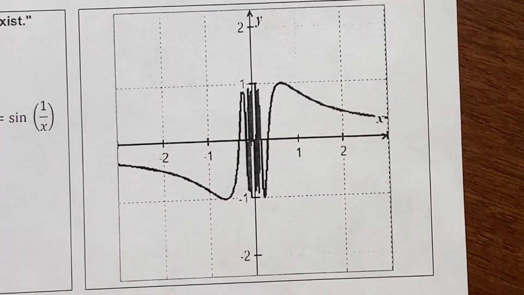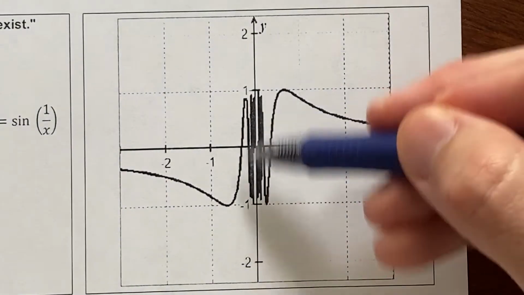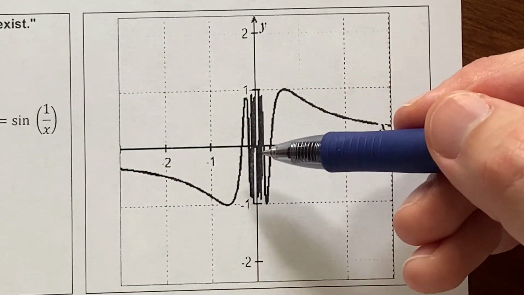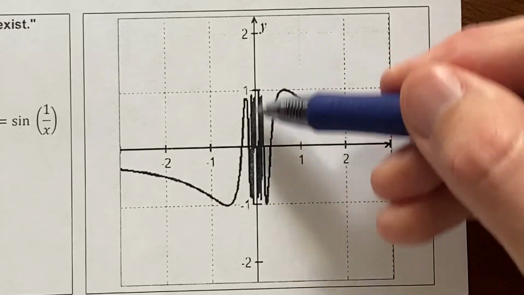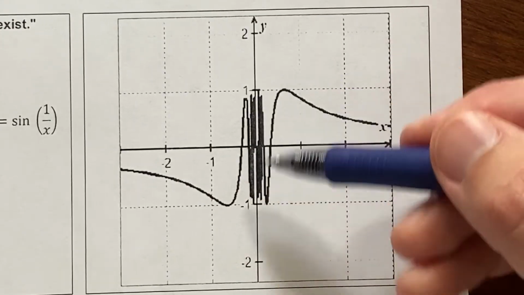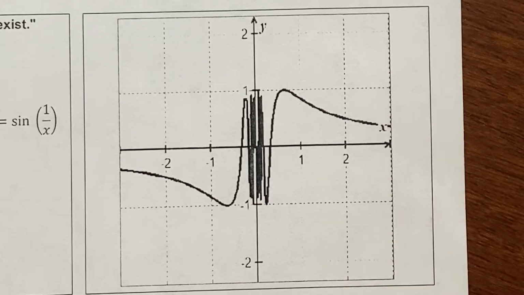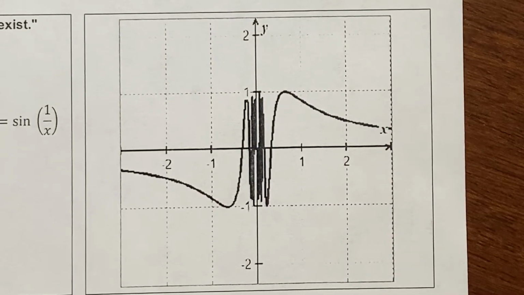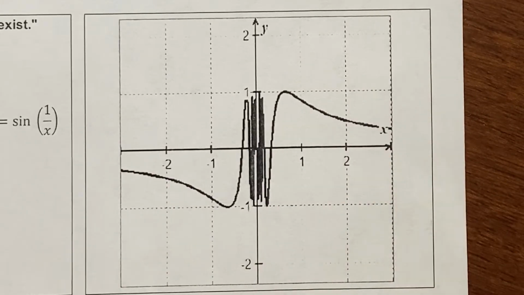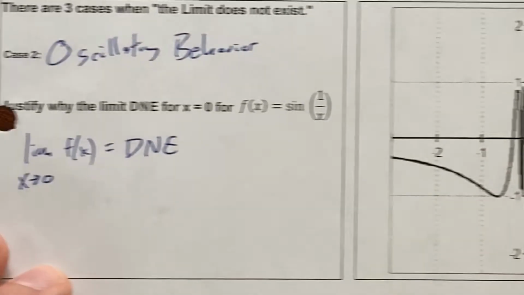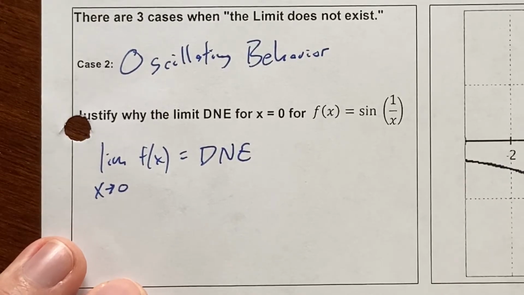And you could say that however you want to. You could say because the y values are always changing. If you got on Desmos and kept zooming in on this, it would just continually be going back and forth the further you zoom in. I strongly encourage you to get on Desmos, graph this thing, zoom in at 0, 0, and just see that it just continually goes back and forth, back and forth, okay?